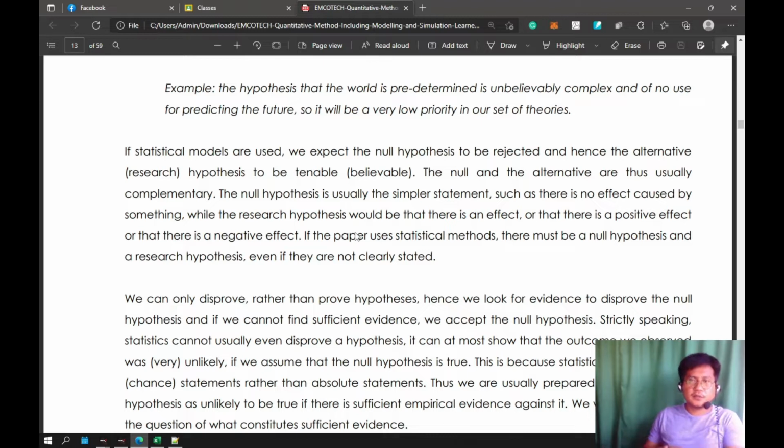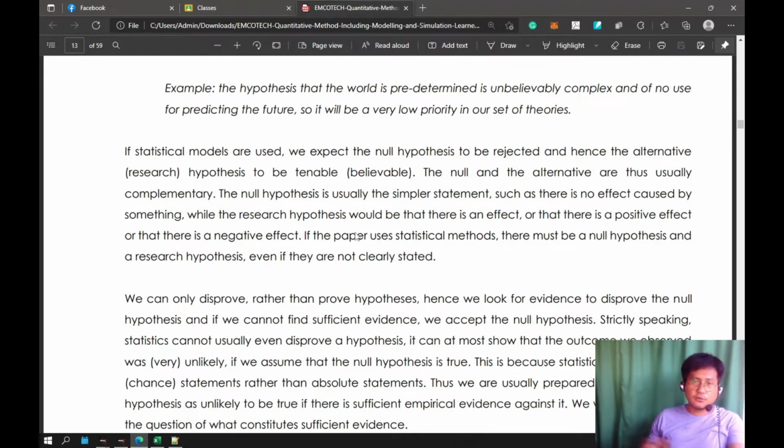If it is predetermined, how can we explain that it is predetermined? How can we prove that? How can we do that? So that is an unbelievably complex idea or hypothesis. So we prefer a much simpler theory because it is easier to prove.